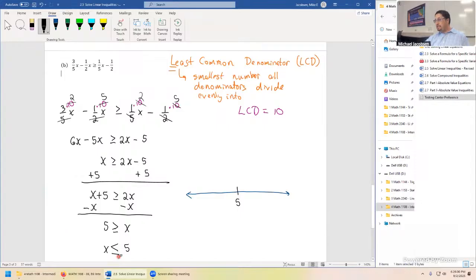But maybe before we do any of that, it's good to have a system or a process. The very next thing we would do is decide on an open dot or a solid dot. Anyone recall which version we would have to use here?